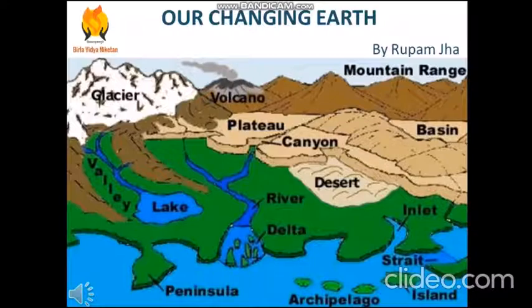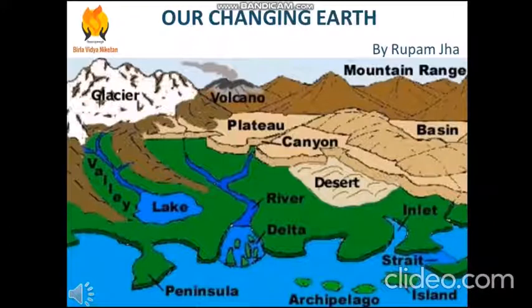So, a mushroom type of structure is formed in the desert area. Further, when the wind blows, it lifts and transports sand from one place to another. When it stops blowing, the sand falls and gets deposited in low hill-like structures, which are known as sand dunes.